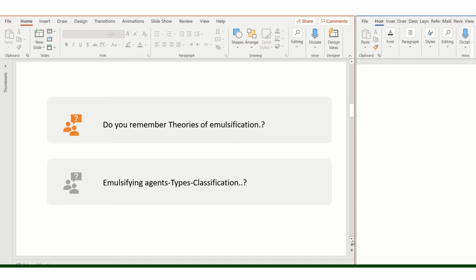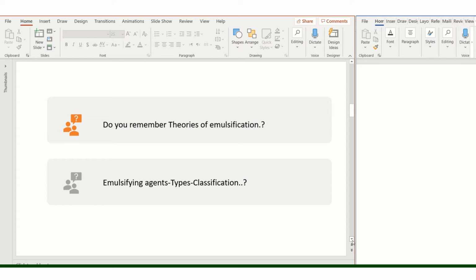What are the various theories of emulsification? First of all, there are three theories of emulsification, right? And what are the different types of emulsifying agents and how are they classified? Remember? Try to remember at least one or two examples apart from your egg yolk, milk. You have actually a good number of emulsifying agents that are used for pharmaceutical purposes, right?